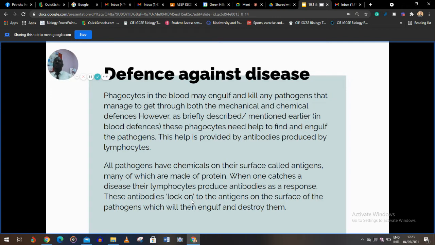For example, when we talk about the blood groups, the ABO system, we know that blood group A has antigen A. Antigen A is found on the surfaces of the red blood cells.